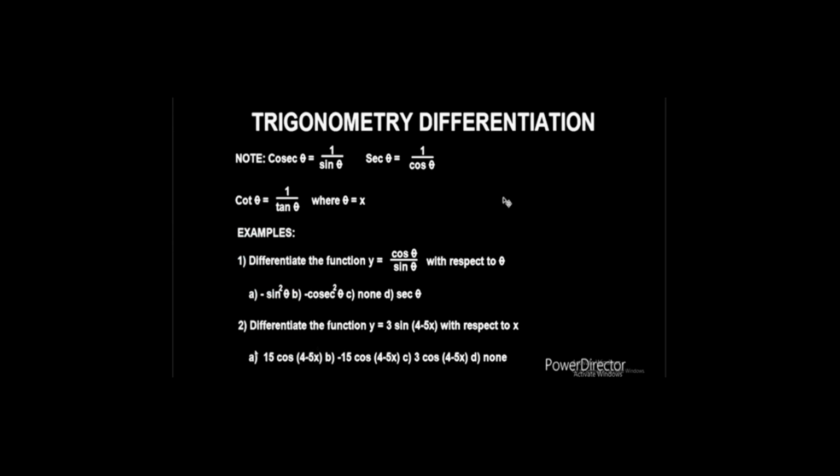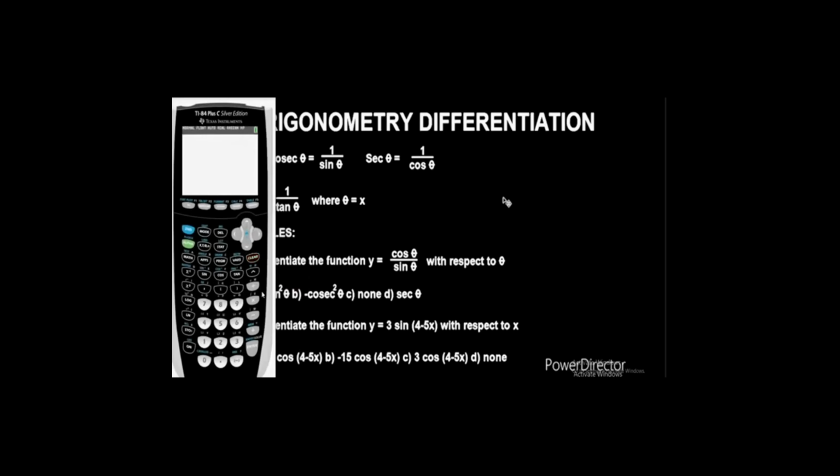So option A, we have 15 cos in bracket 4 minus 5x.